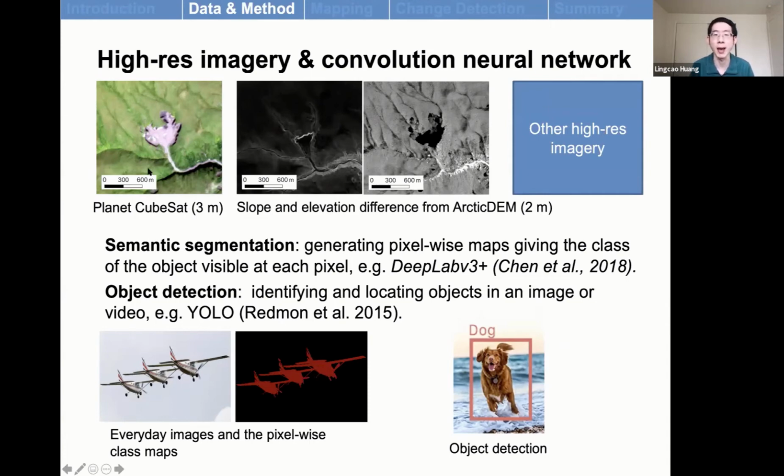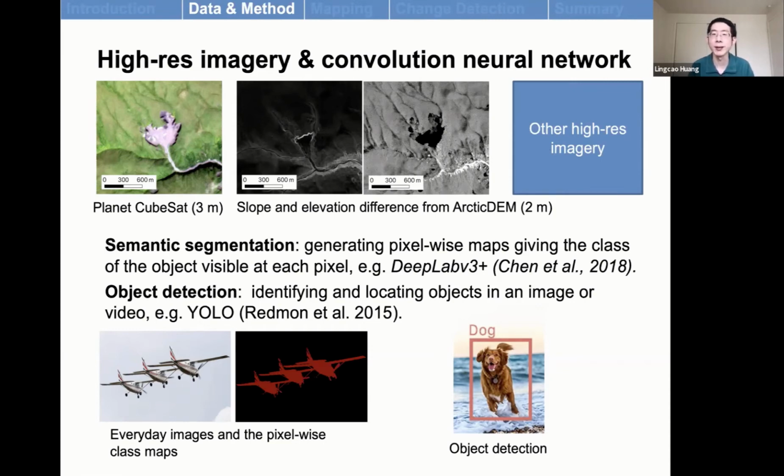Like this one is a Planet CubeSat, and these two are the slope and elevation difference from ArcticDEM, which has a resolution of 2 meters. I'm also trying to collect other high resolution imagery and combine them together.